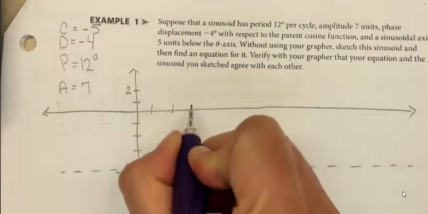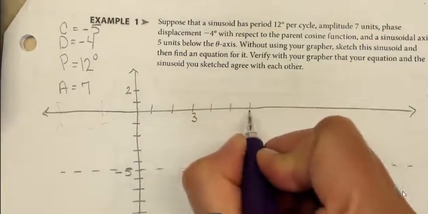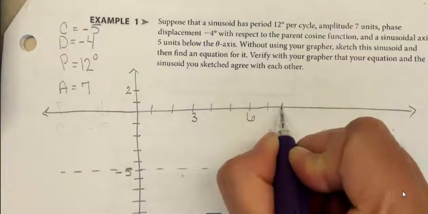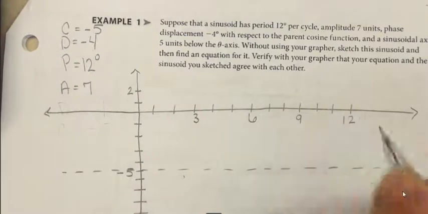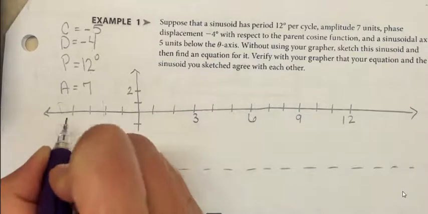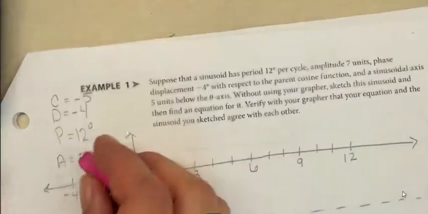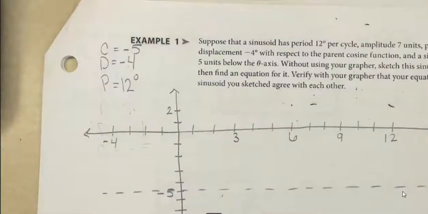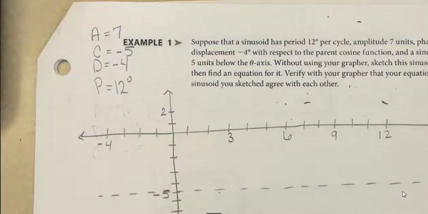So 1, 2, 3, 4, 5, 6, 7, 8, 9, 10, 11, 12. And then 2, 3, 4. Oh, I think I'm going to need to move that A equals 7 too. That's going to be in my way. Sorry about this. I promise I was planned out, but okay.